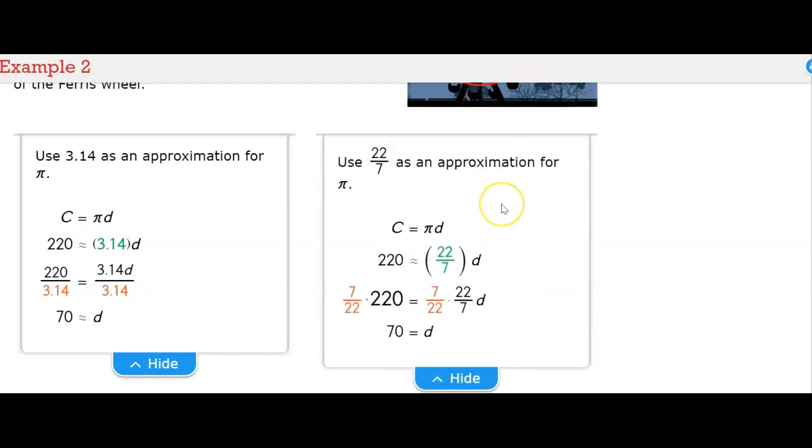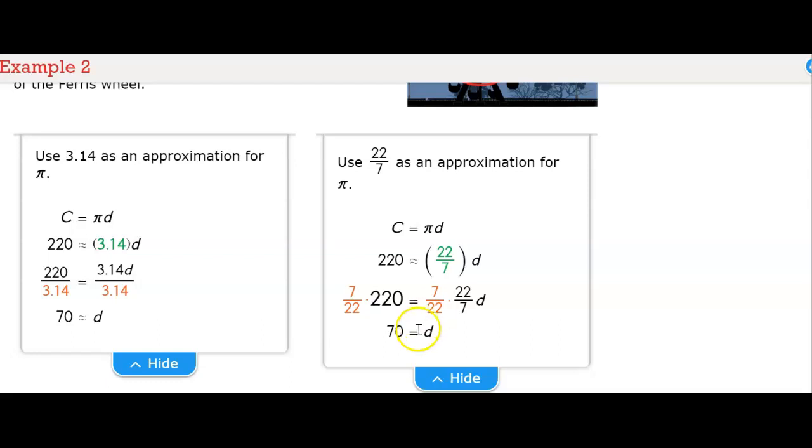Another way is to take 22 over 7, which is a fraction approximation of pi. So you would take the fraction and multiply it by d, but again we have to divide, which is the inverse of multiplying. When we divide, we use the reciprocal of that fraction.